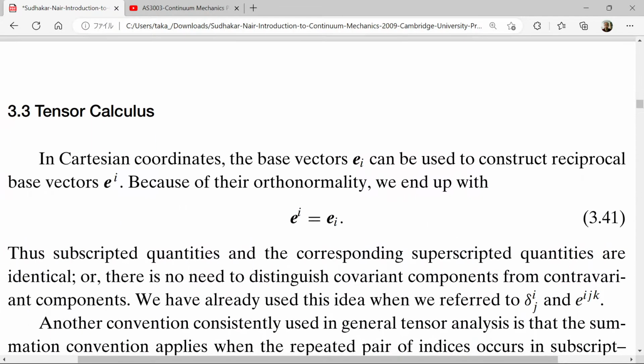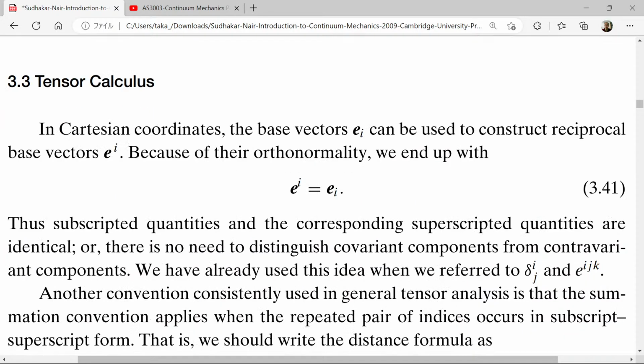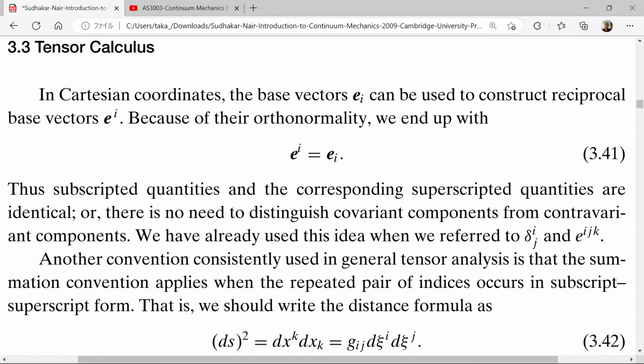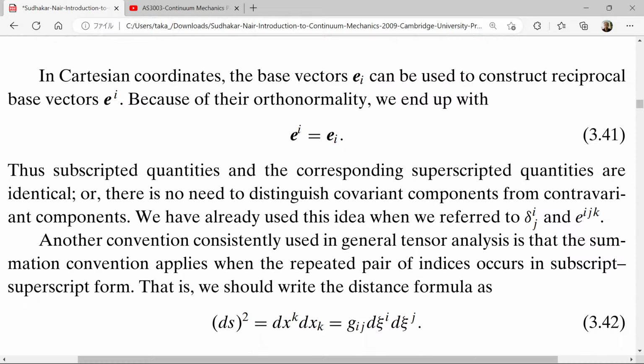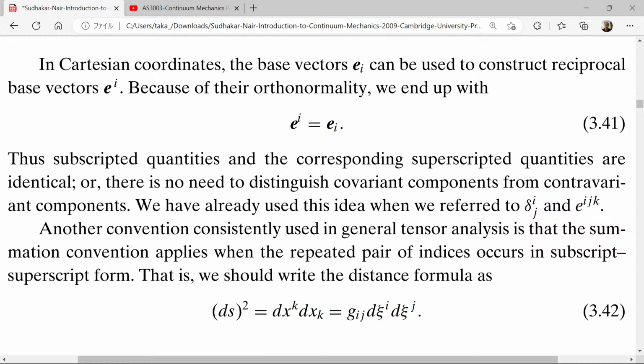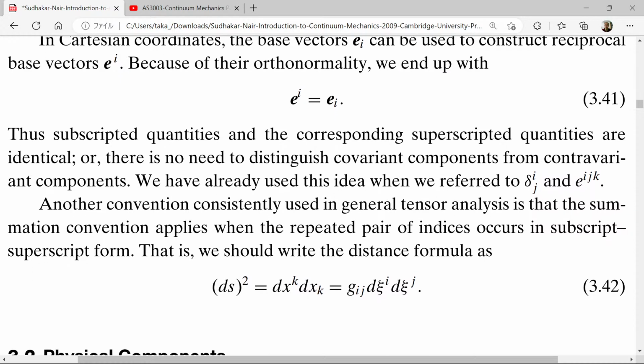In Cartesian coordinates, the base vector e_i can be used to construct the reciprocal base vector e^i. Because of their orthonormality, we end up with e^i equal to e_i.